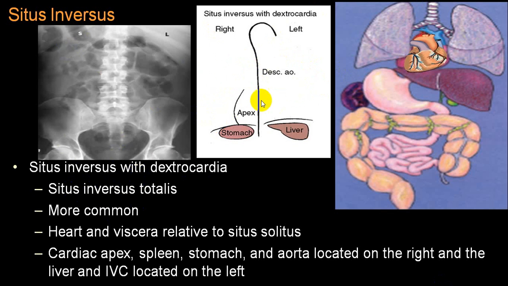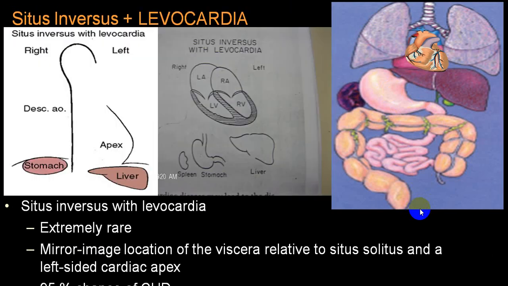In that particular condition, again, the incidence of congenital heart disease is 3 to 5%, like a normal person. But if there is dextrocardia with situs solitus, then the chance of congenital heart disease is 99%.